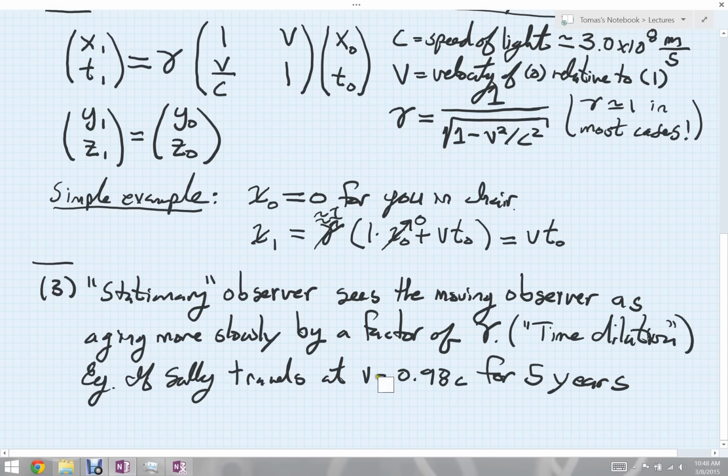Sally, of course, doesn't think she's traveling. She thinks we're traveling. But if we see Sally travel at that speed for 5 years from our reference frame, we see her age only about 1 year. And that's simply because if you work through the formula for gamma, you'll get a ratio of about 5 to 1. Okay, well that's kind of neat.